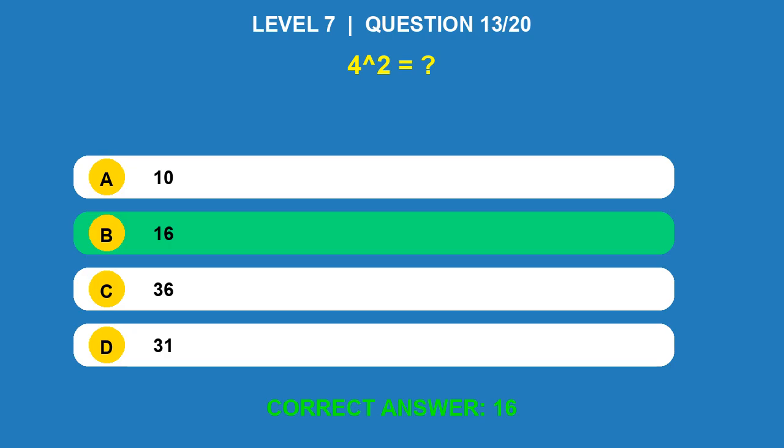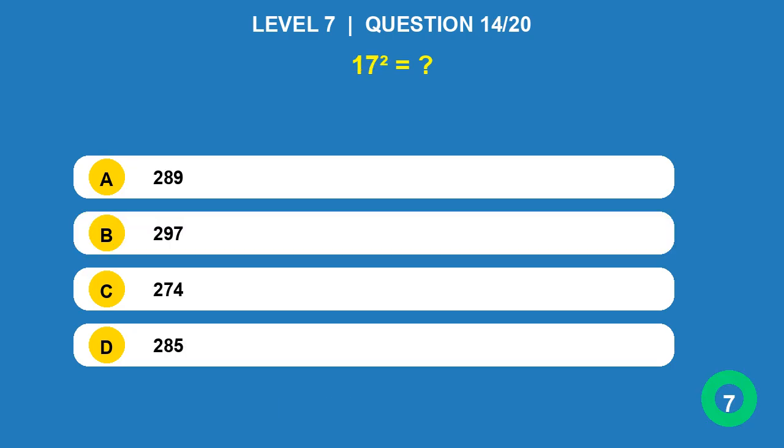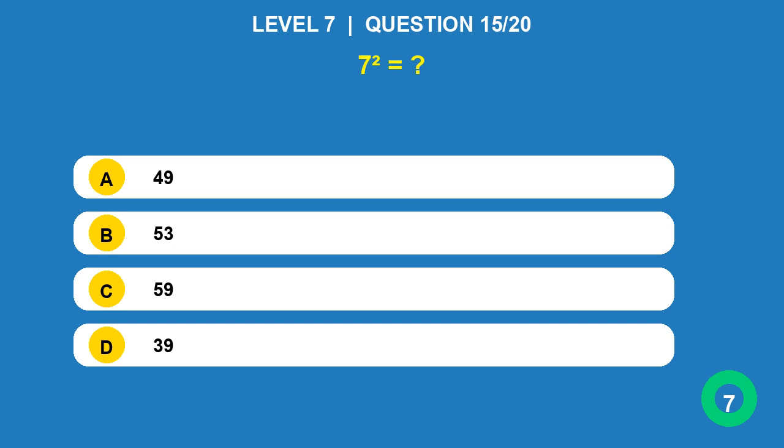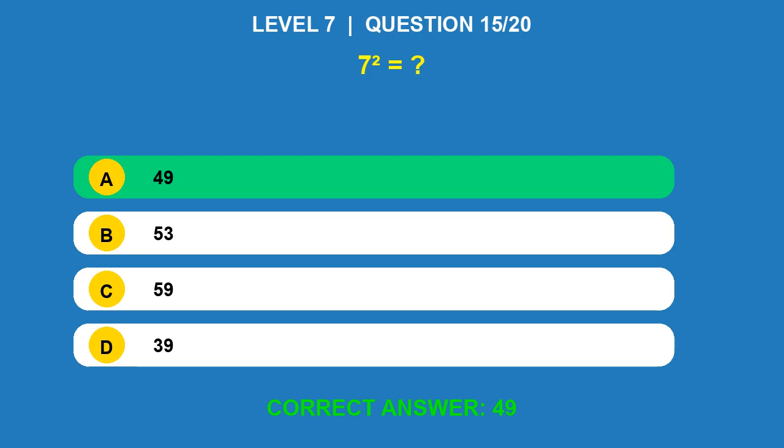Answer is 16. 17 superscript 2 equals? Answer is 289. 7 superscript 2 equals? Answer is 49.